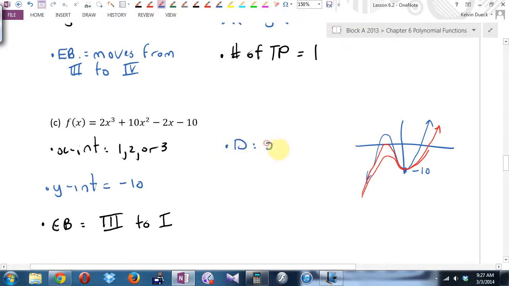Domain, this is boring, all reals. Range, this is boring, all reals for any odd degree function. A little more interesting. Number of turning points. Could it be 1? Maybe. I'm going to say probably 2. We'd need to graph to be certain.